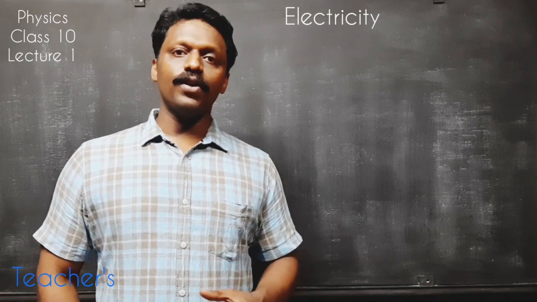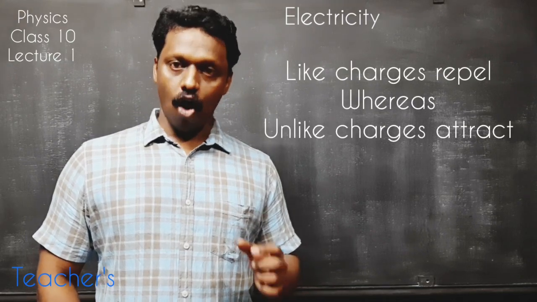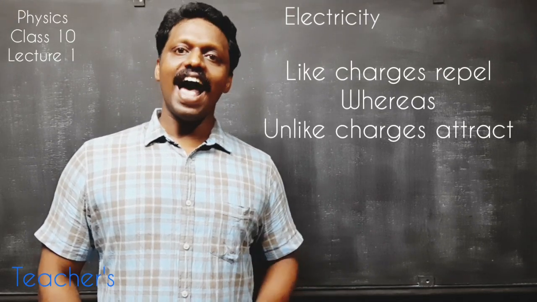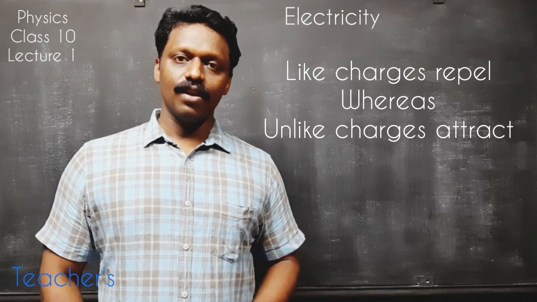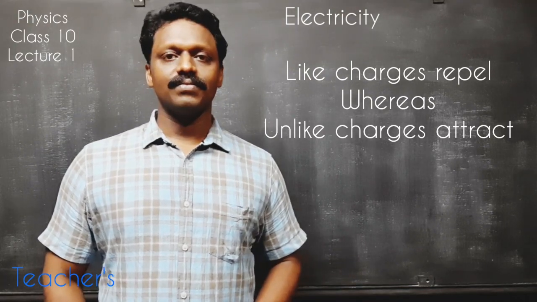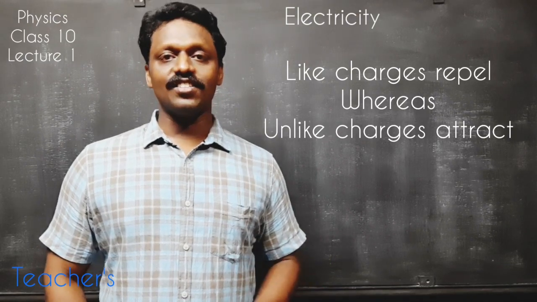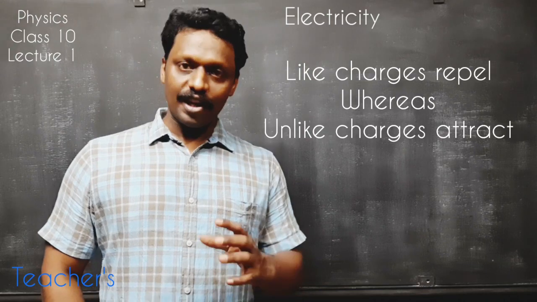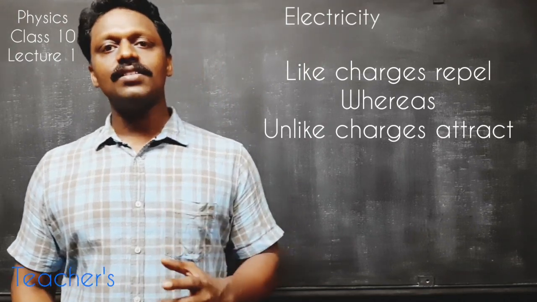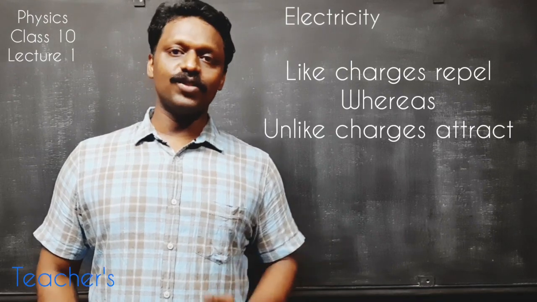An important property of electric charge is that opposite charges or unlike charges attract each other. For example, a positive charge attracts a negative charge. Similar charges or like charges repel each other. For example, a positive charge repels a positive charge, and a negative charge repels another negative charge.